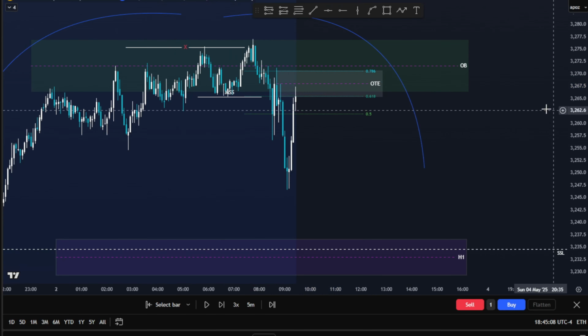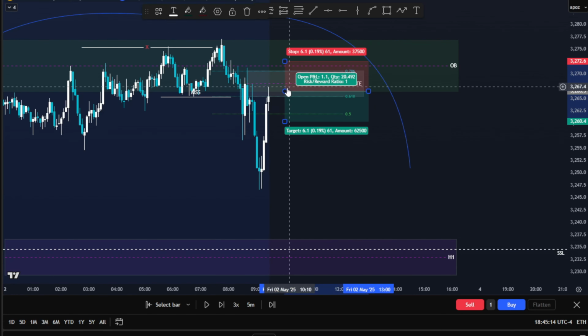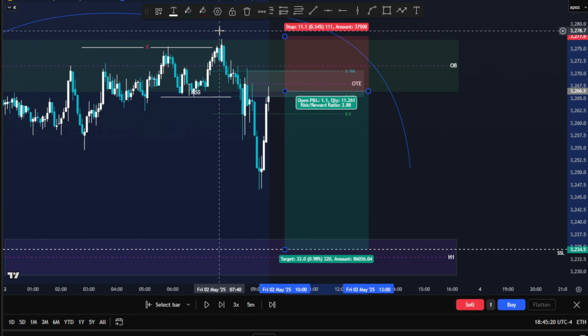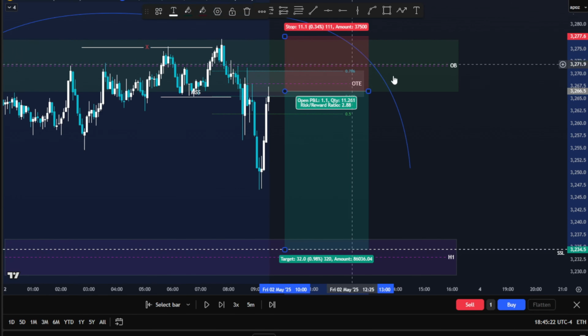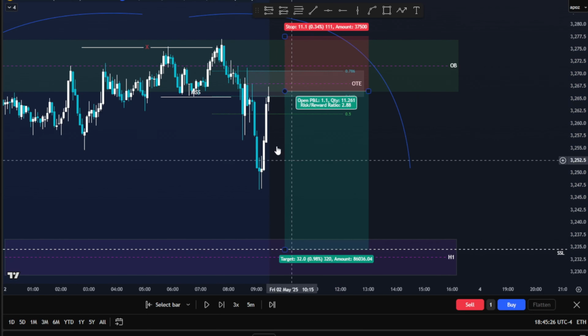That will be my OTE. My entry will be in this key interest zone, and then I'll just target the outside, and my stop will be outside this protective high over here, where it swept the liquidity and had this impulsive move down.